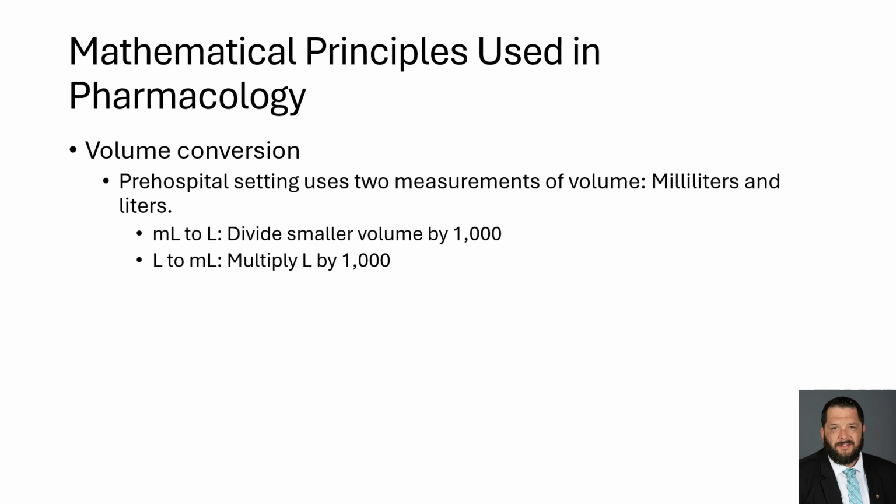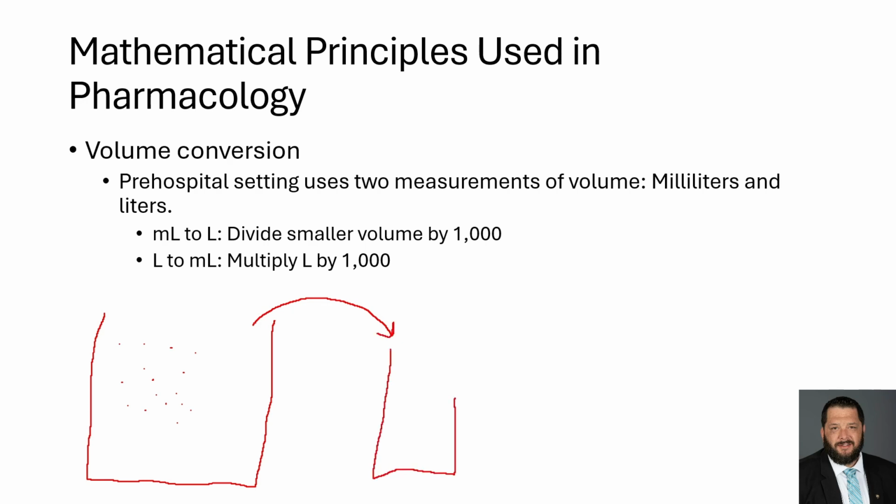For example, if we had a container here that had 1,000 individual milliliters, I'm not going to draw 1,000 dots on the screen, but you get the point. And we wanted to express that in liters, it would just be 1 liter, because 1 liter equals 1,000 milliliters.